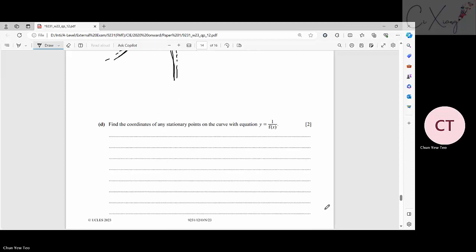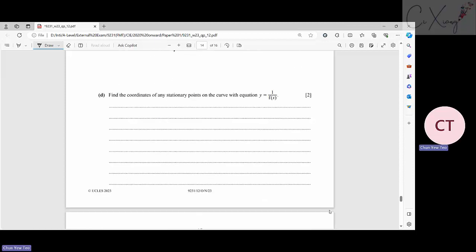Then D. Find the coordinates of the stationary point on the curve with equation y equal to 1 over f(x). In order to get the stationary point, just now in our original graph, when x equals 0, f(x) equals 0, and when x is -2, f(x) is -4.